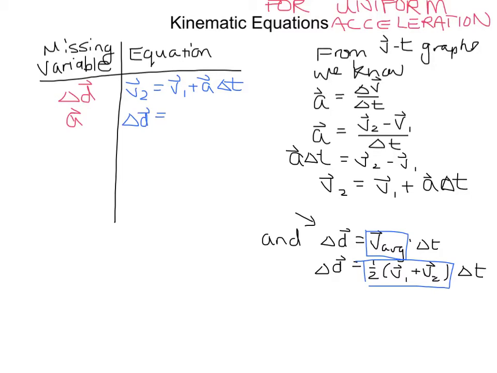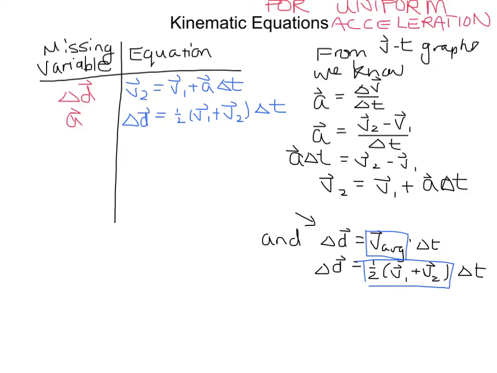Delta d equals 1/2 times v1 plus v2 times delta t. And now we can use these 2 equations to derive the other 3.